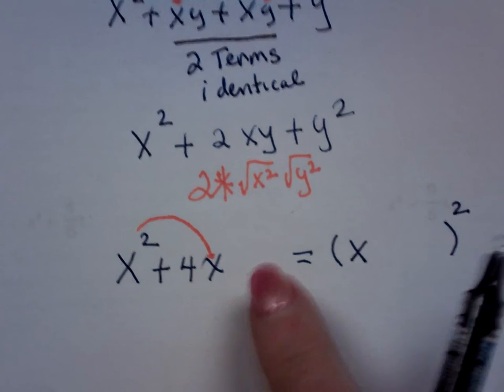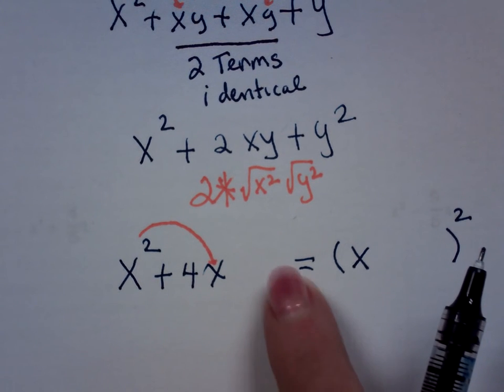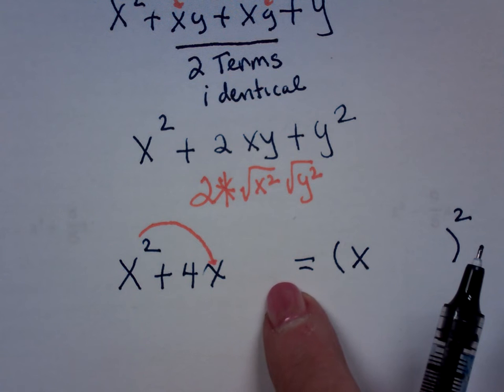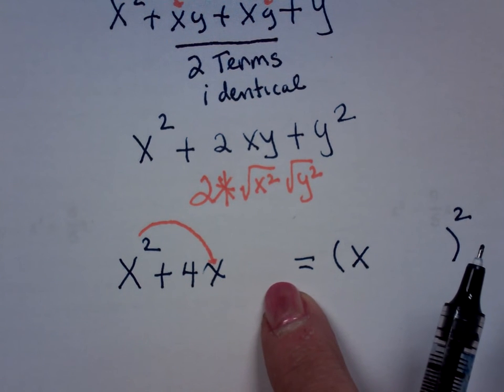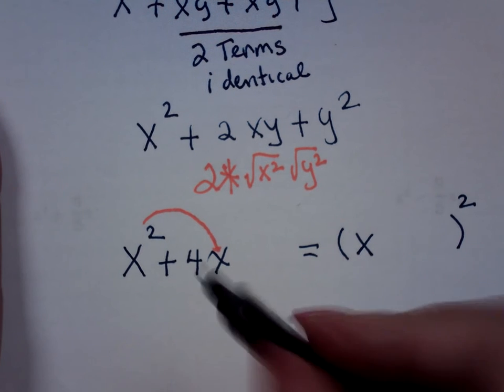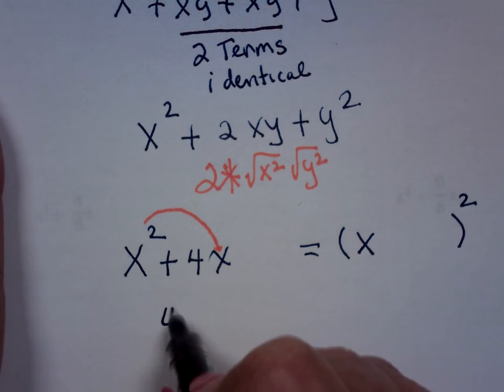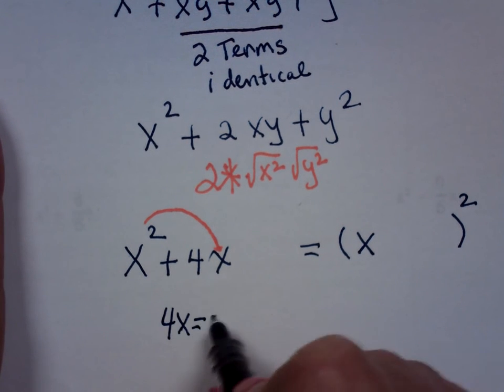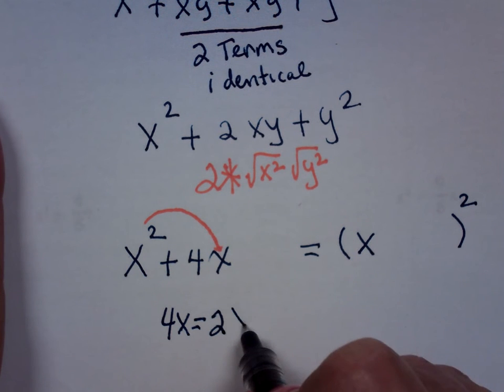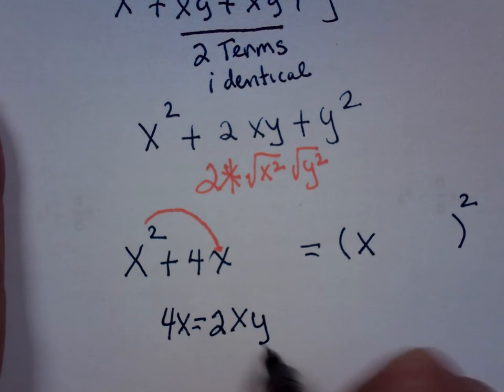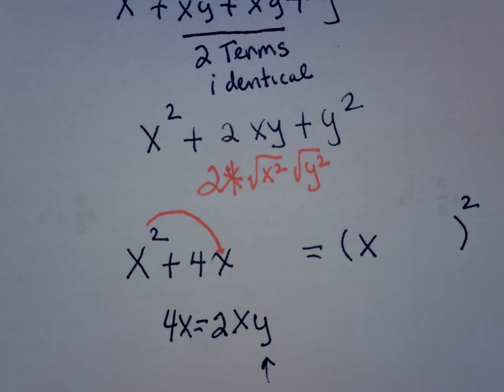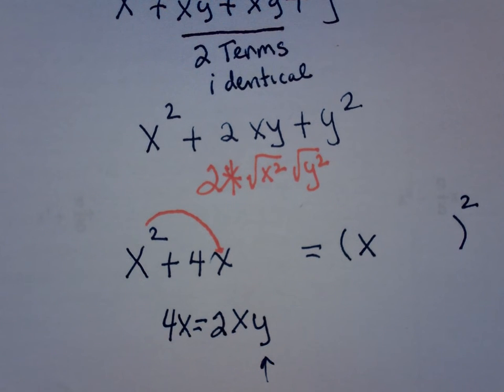The problem is I don't know what's in the back. I don't know what's there. But there is something that I do know, that 4x is the double of x and the thing I'm looking for. That's the guy I want. I want y. The 4x is the double of that.